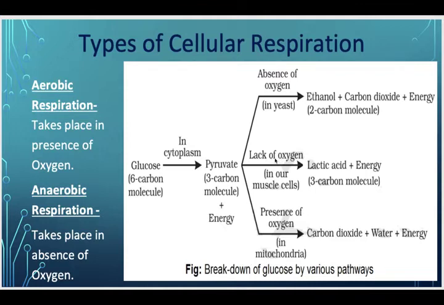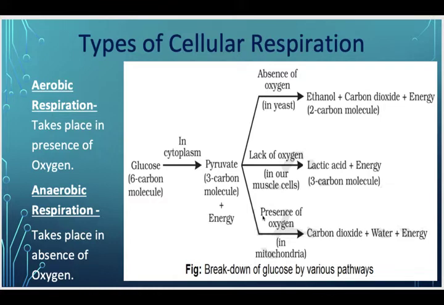Lack of oxygen means the amount of oxygen reaching the cell is not appropriate as per requirement, like during some vigorous exercise in our muscle cells, where muscular cramps can develop due to this pathway of respiration, where pyruvate is converted into lactic acid, and that lactic acid accumulation comes in our muscles and causes muscle cramps. Here also the energy is released, and lactic acid is a 3-carbon molecule.